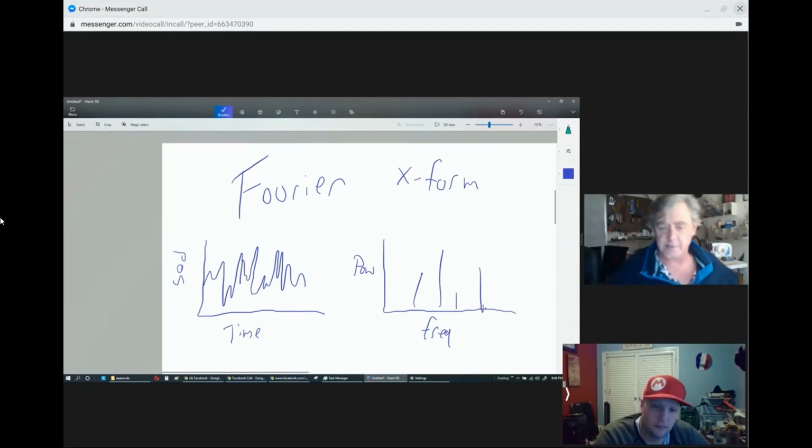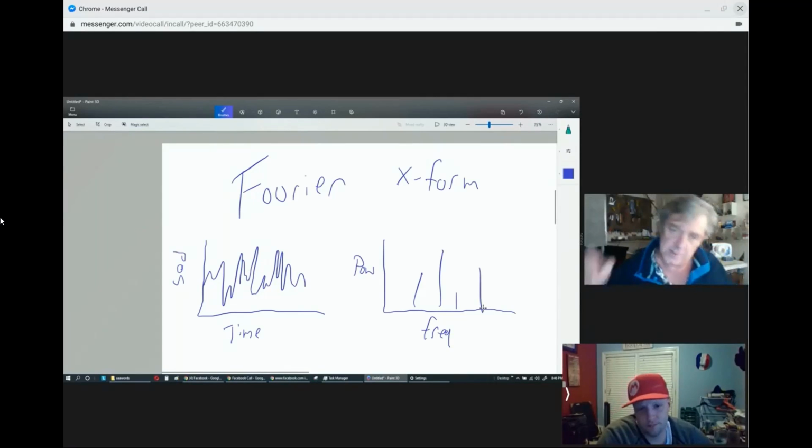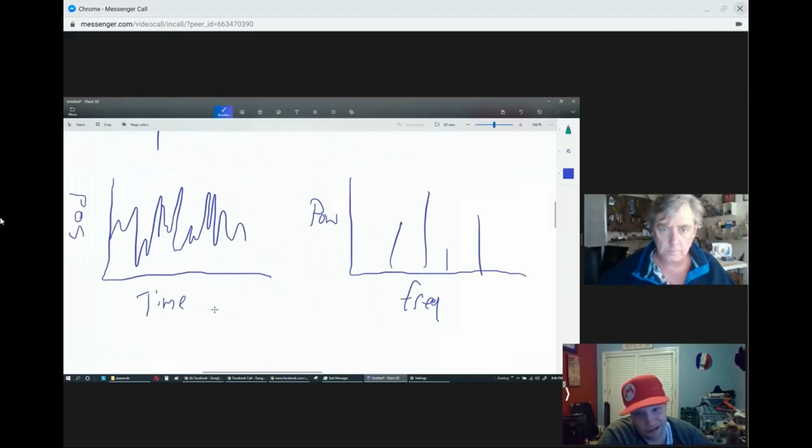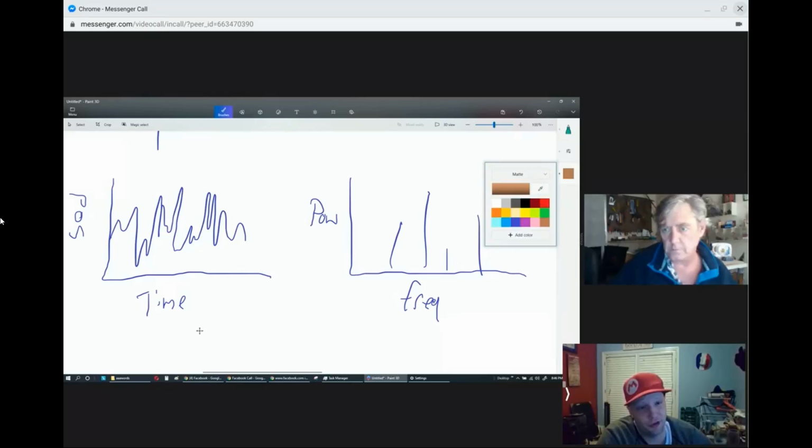Our ears take the position of our eardrum going back and forth, wham, wham, wham, and turn it into distinct notes. So you can use that wave on the left to have a strong predictive component of what that note's going to be. Or vice versa? It's not even predictive. These are the same information in two different ways.